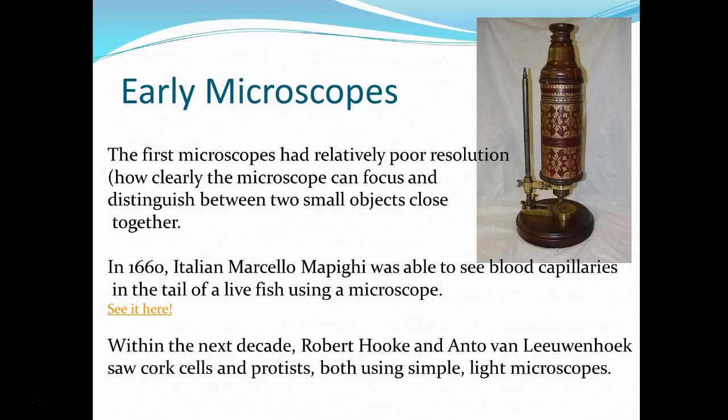They had relatively poor resolution. Resolution is, if you think of your phone and when you take a photograph and look at that photograph, resolution refers to kind of the sharpness of the image. So, with a phone, that refers to the number of pixels that are in the image, how many megapixels it fits in a certain area.